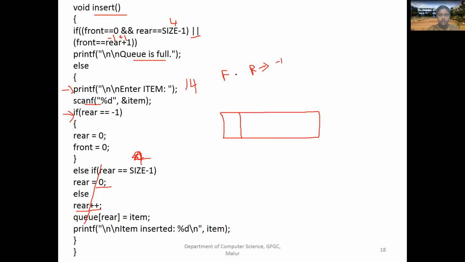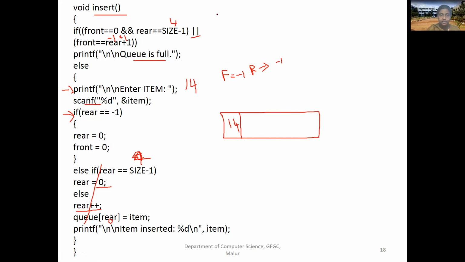Since it is -1, the first position item will be added. After adding, Q of rear equals item. So Q of 0 equals item will be added.